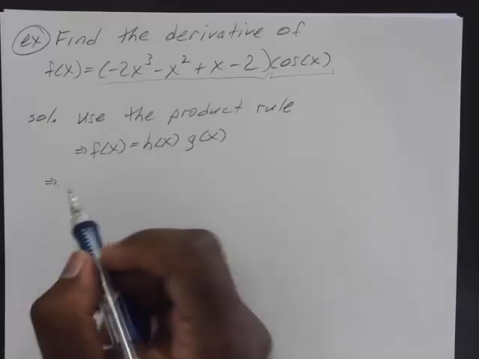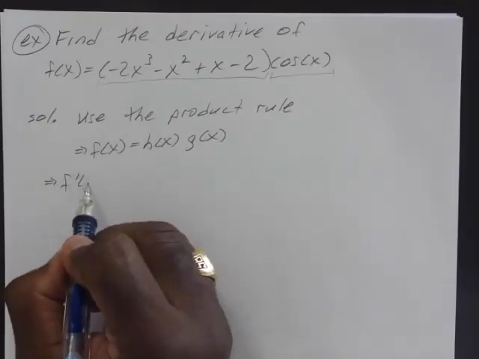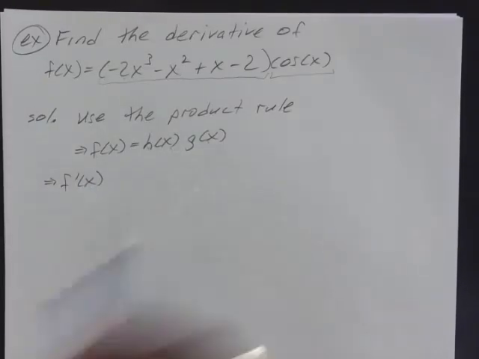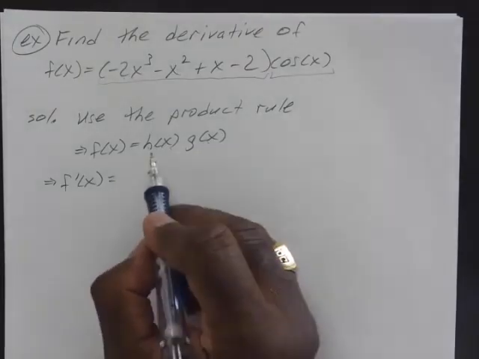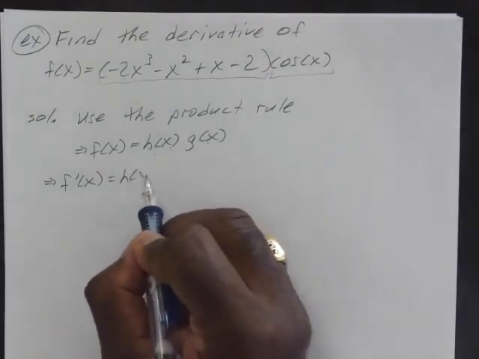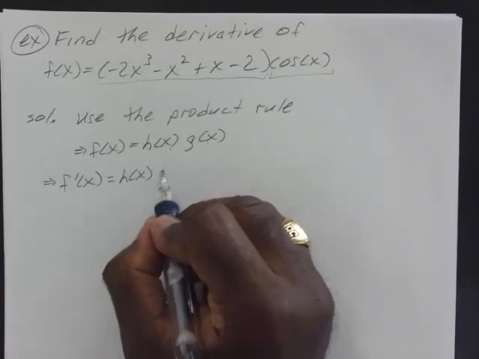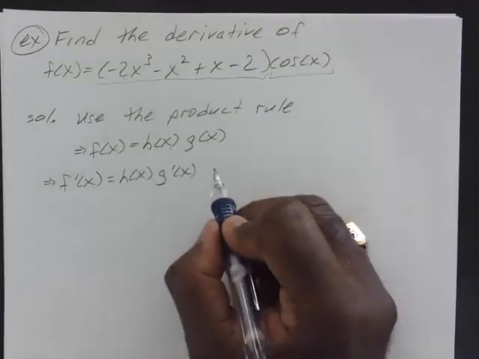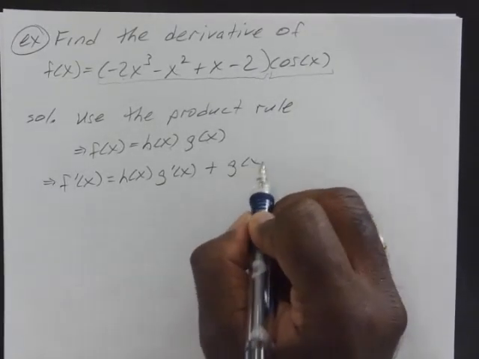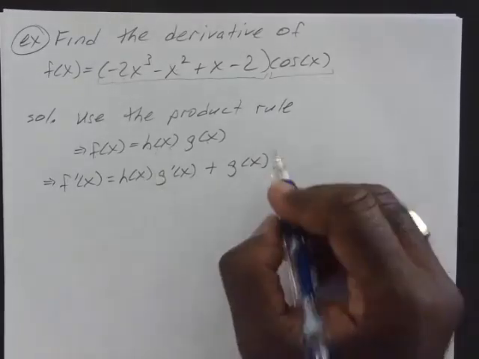So that means using the product rule, when you're multiplying two functions, remember it's the first function times the derivative of the second plus the second function times the derivative of the first.